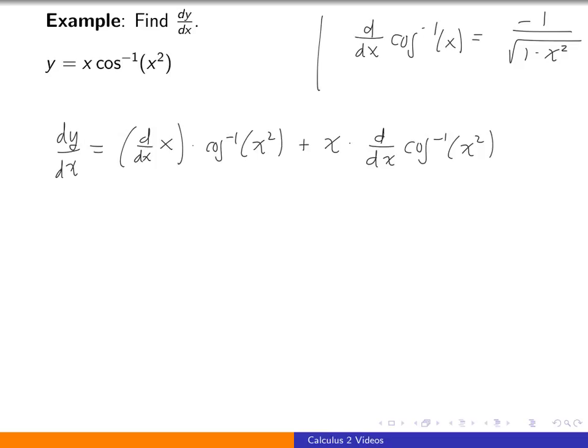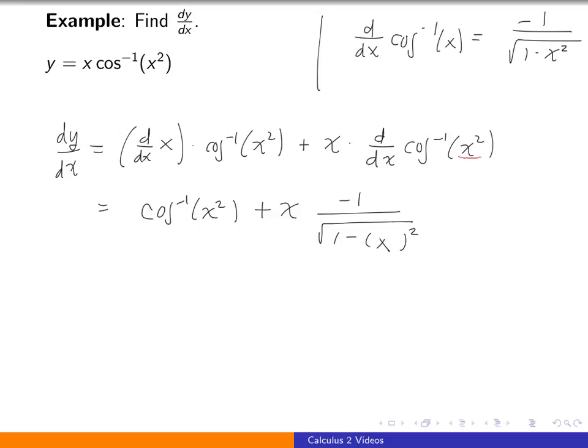Now we just need to evaluate the two remaining derivatives. The derivative of x is 1, so it's arccosine of x squared. For the second derivative, we once again see it's a composition. We have the inside function x squared, outside function inverse cosine. So we take the derivative of the outside function, which would be minus 1 over the square root of 1 minus something squared.